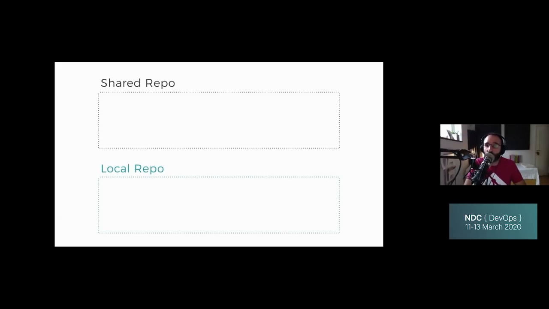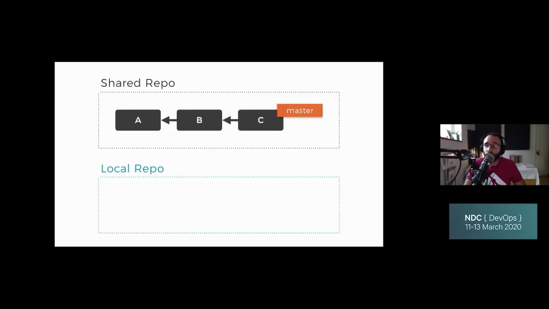And then you have your local personal repository that you're working on. Now, a branch that exists in a shared repo is considered a public one. That is a branch where multiple people are pushing commits into. A private branch is one that exists only on your machine. So they live and die on your computer.